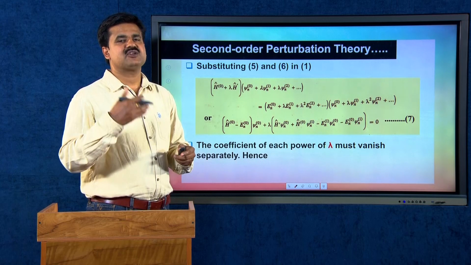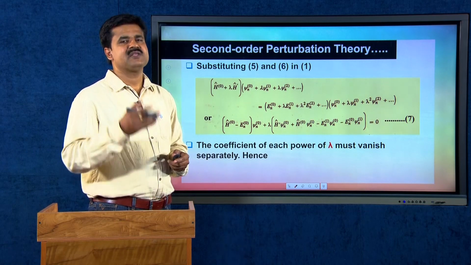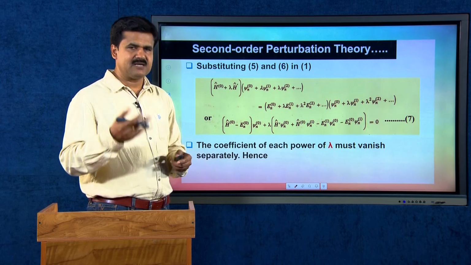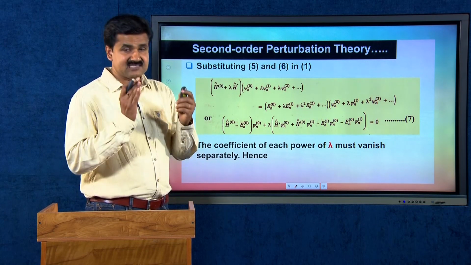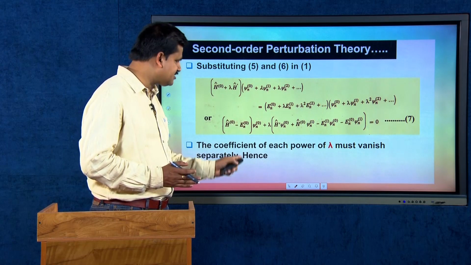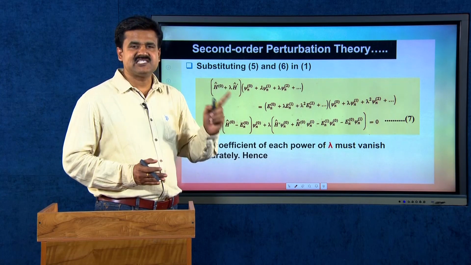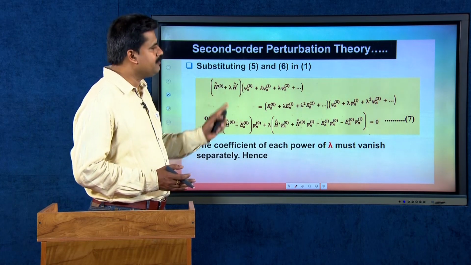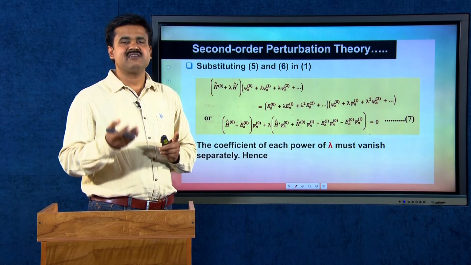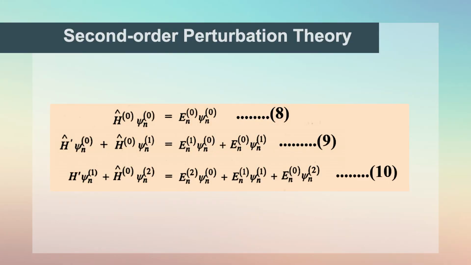That is, the coefficient of the first power, the second power, the third power if present, and the 0th power must each vanish separately. From equation 7, we can arrive at three important equations.